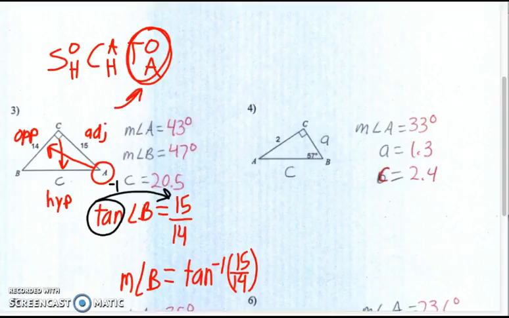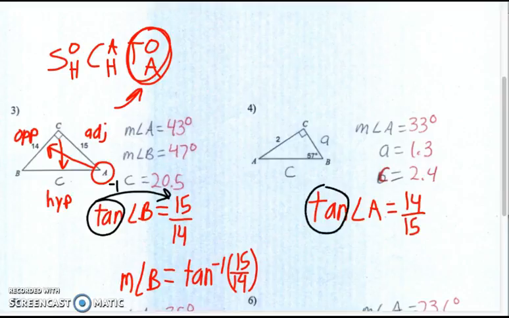When we write it up, it's going to be the tangent of angle A equals 14, that's the opposite, over adjacent, and that's 15. We're going to circle the tangent, and we're going to move it to the other side when we calculate our angle measures. Remember, it's going to become tangent to the -1.